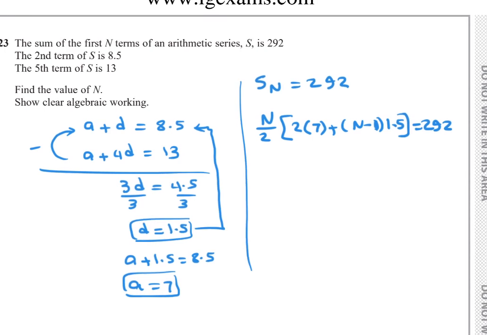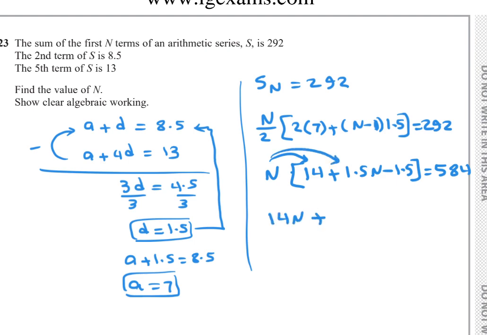Multiply both sides by 2, so n into 14 plus 1.5n minus 1.5 equals 292 times 2, 584. Now expand: n times 14, 14n, n times 1.5n, so 1.5n squared, n times negative 1.5, so negative 1.5n equals 584.